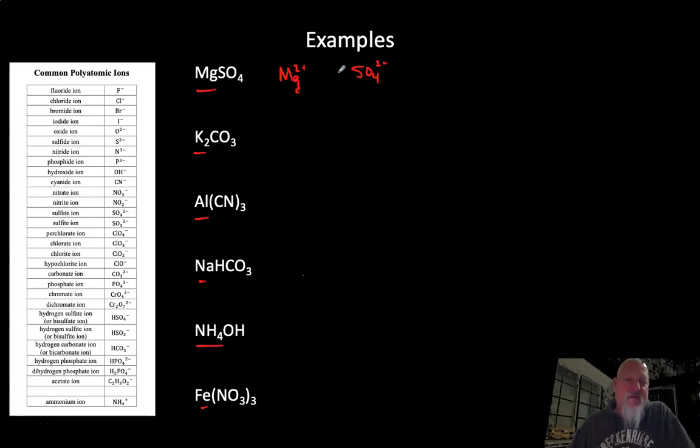Because if magnesium is 2+, and there's only one magnesium and one SO4, the SO4 has to carry all the negative charge, which is 2-. Notice I didn't separate this into magnesium, sulfur, and oxygen. I kept the anion together. Once you take the metal off, everything else is the anion.